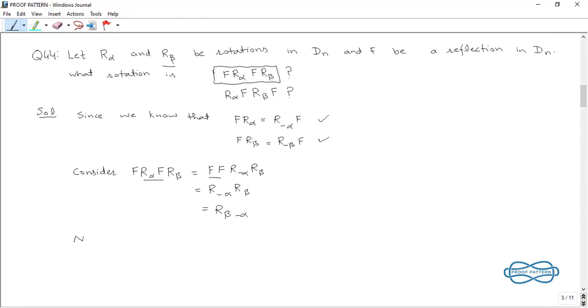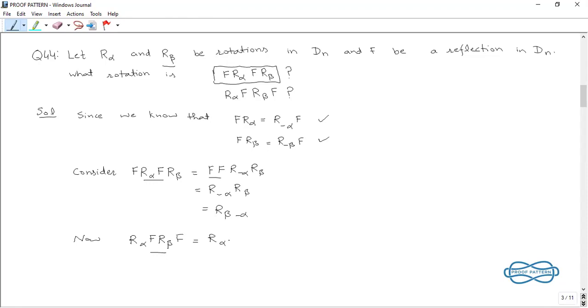And now we consider the second one, R alpha F R beta F, and we apply the identity on these two elements.